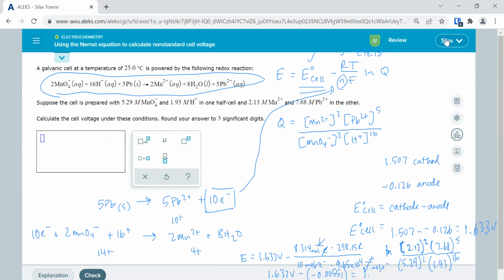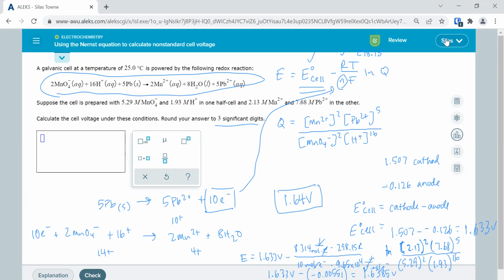Subtract the negative and I get 1.6385 volts. Now it says 3 significant figures, so I'm going to go with 1.64 volts, which if I look at my original Ecell would have been 1.63. So it goes up a tiny bit based on the current concentrations.